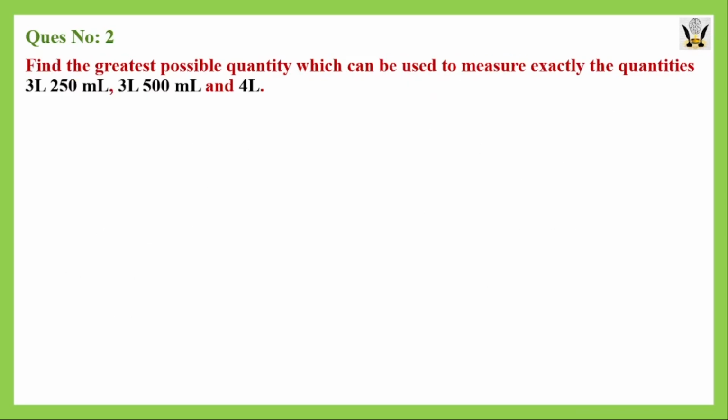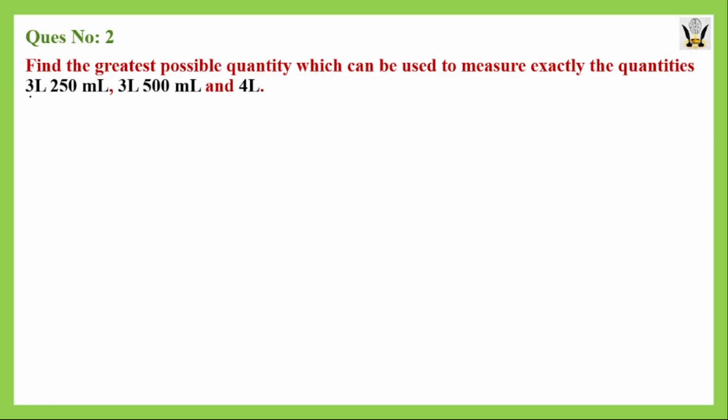Now the next problem sum says, find the greatest possible quantity which can be used to measure exactly the quantities 3 liter 250 milliliter, 3 liter 500 milliliter and 4 liter. So what we will do first is, here for the first two quantities there are two units, liter and milliliter. So we will first make the units uniform. We will make all the units in milliliter, and from liter to milliliter, we multiply by 1000.